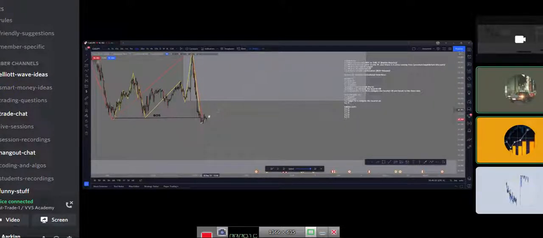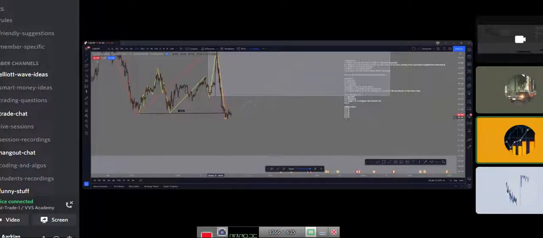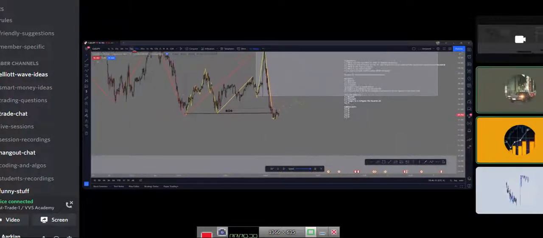It seems like it'll probably be a good setup if I went from here, right? That's 8 RR, so that's not bad. But I want to see this high being broken and then coming back in and then taking off from there. But let's see what the 1 minute says.